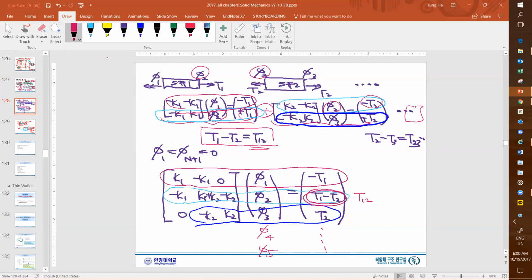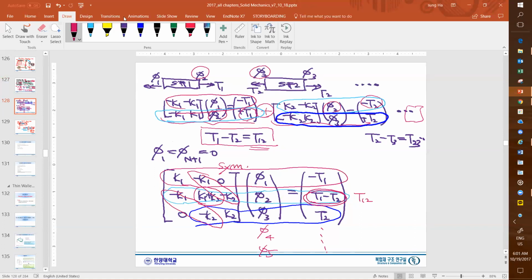So the only difference, I mean, the typical behavior is this one, okay? There will be some K1 and K2 added. And very importantly, this one is a minus and this one is a minus. They are a symmetric matrix.